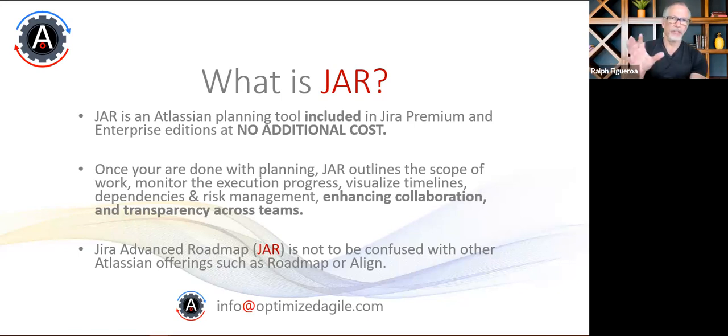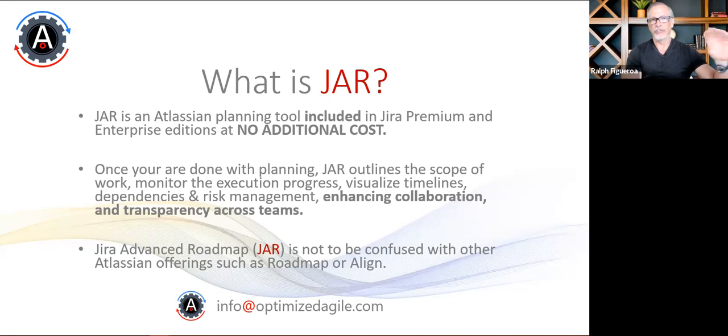And then it does provide a healthy level of warnings about the release to de-risk your release way in advance before those issues come to fruition, right? So you enhance collaboration, and it provides transparency across teams.